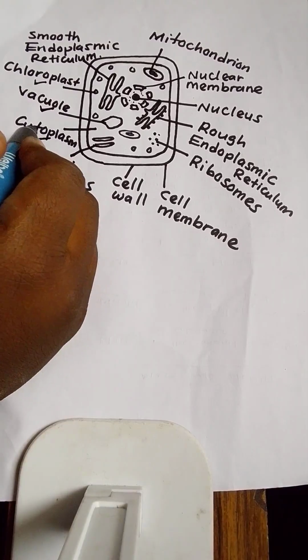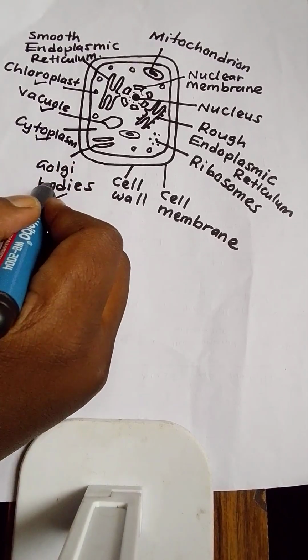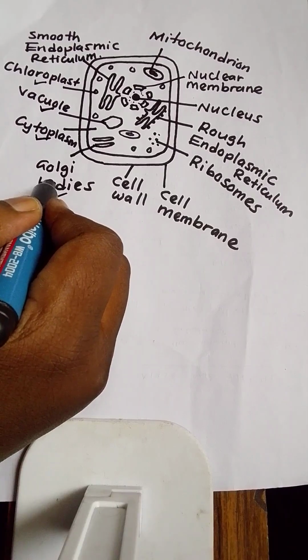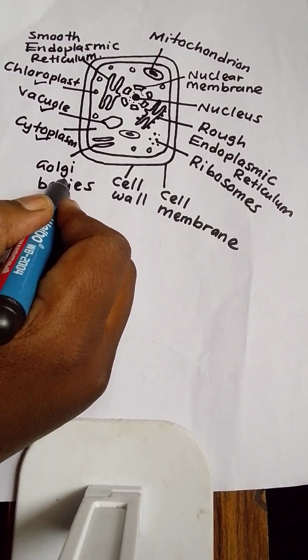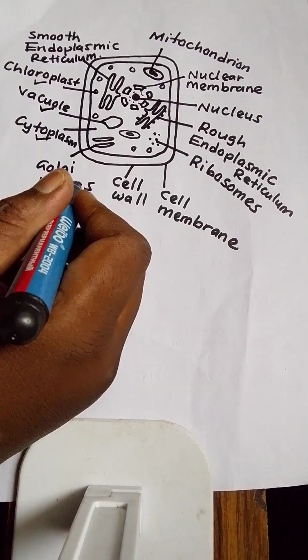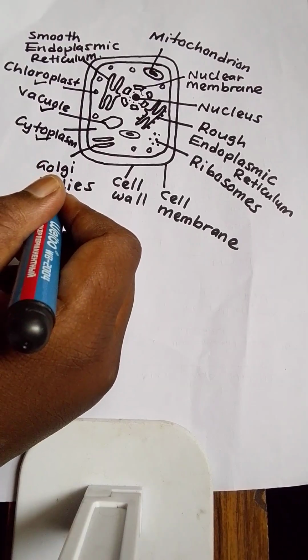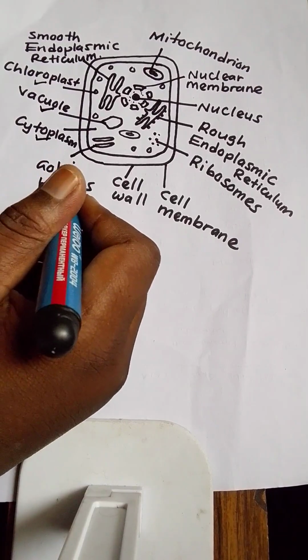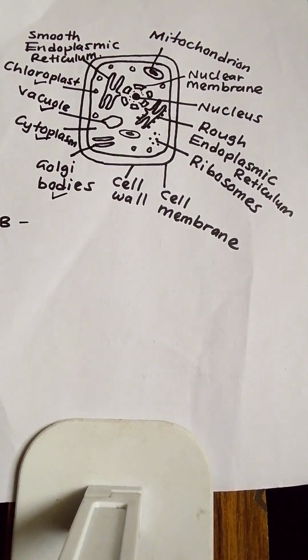Cytoplasm is a medium for chemical reaction. Golgi bodies transport proteins from the site of synthesis to the site of reaction. They also modify proteins.